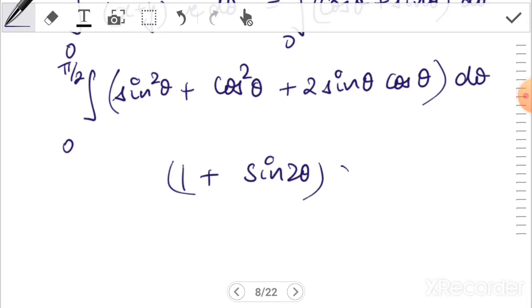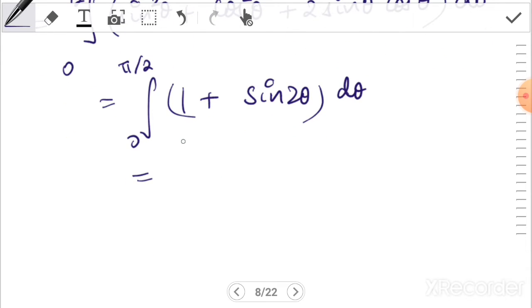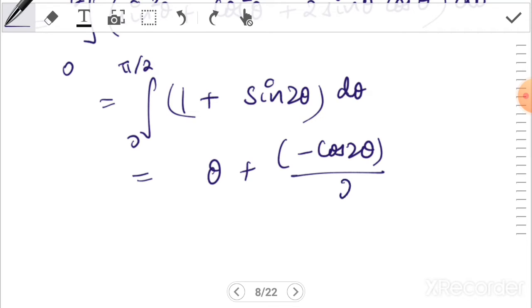So d theta. This is theta plus minus cos 2 theta by 2, from 0 to pi by 2.